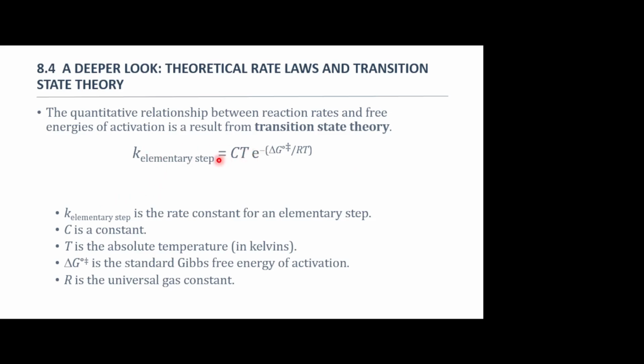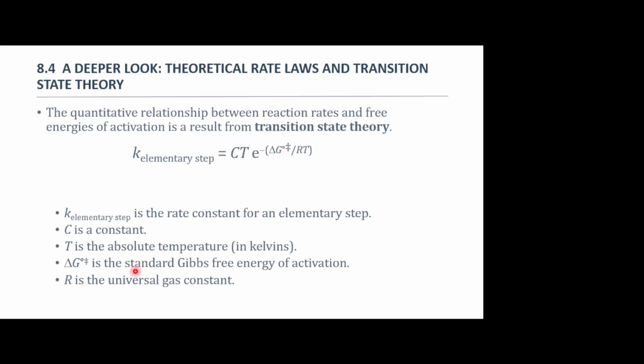This is going to be equal to a constant, which is C, and then T is the absolute temperature in Kelvin. Note, by the way, anytime you have temperatures like this, where it's just multiplying something, you don't have differences, they're always the absolute temperature. Okay? And then delta G naught double dagger, this is your standard Gibbs free energy of activation. That's that energy barrier, that activation state.